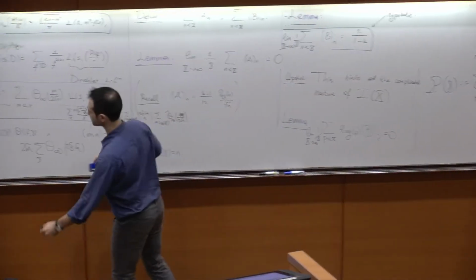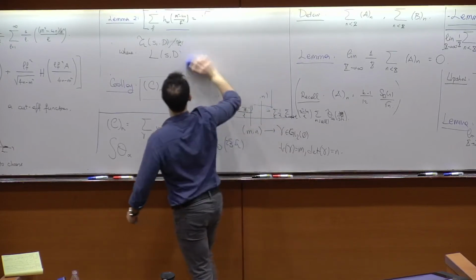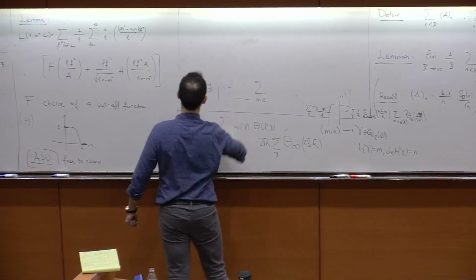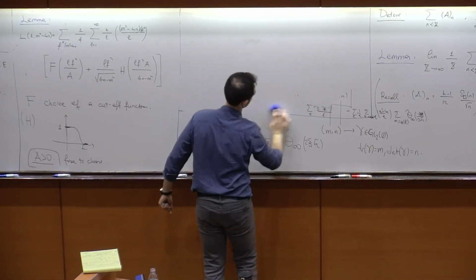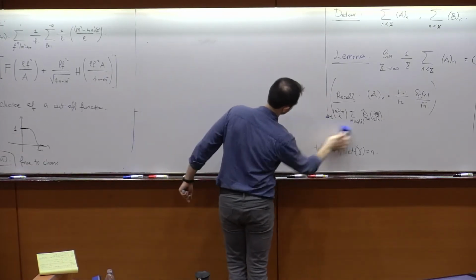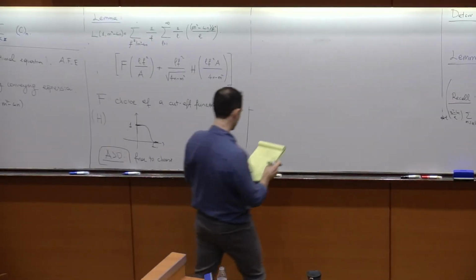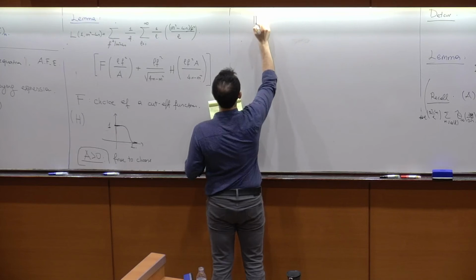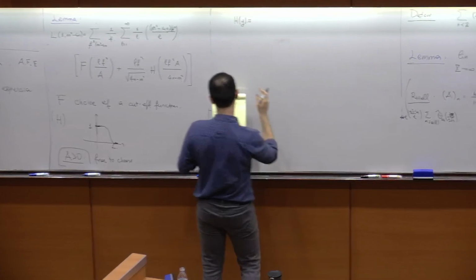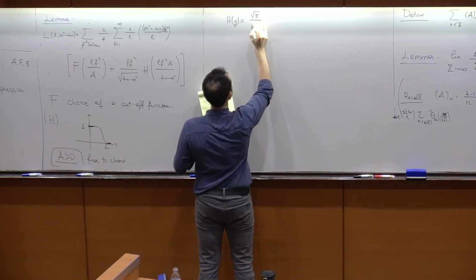And I'll tell you what this H is now, which will actually be important in what follows. Okay, so this H, I'm going to define it with an arbitrary variable y. So h of y is the following: square root of pi over 2 pi i.